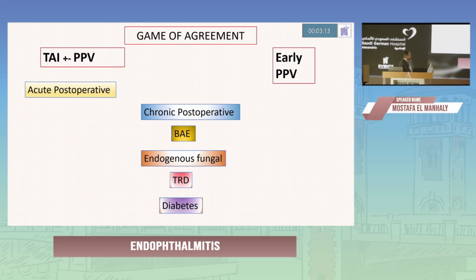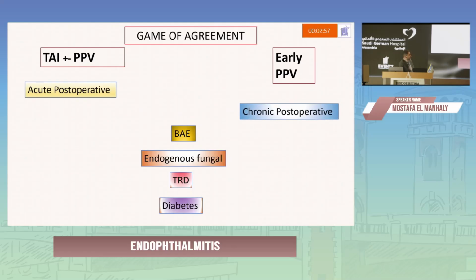Well, I will try injection because there is no hurry. It is already a chronic case, so I will try injection. But most likely, I don't expect a very good outcome from injection, so we will proceed to vitrectomy if injection does not work.